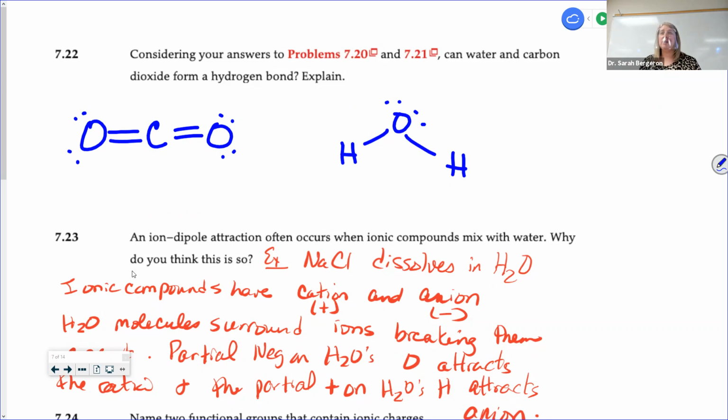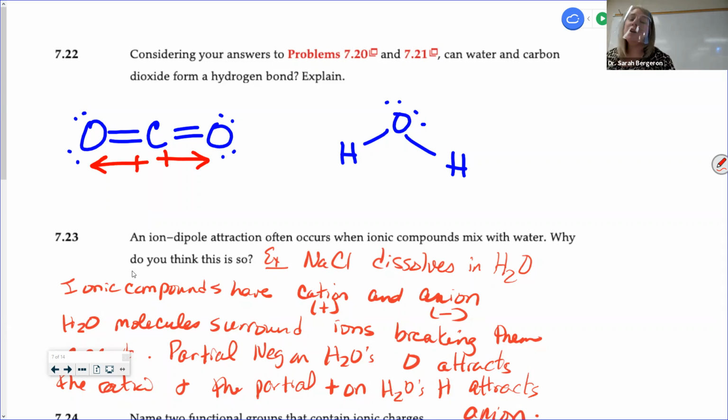Why not? Do you have a polar bond between carbon and oxygen? Do they have a difference in electronegativity value? Yes, they do. If I drew a polarity arrow, I'd point at the oxygen because oxygen's hogging it.